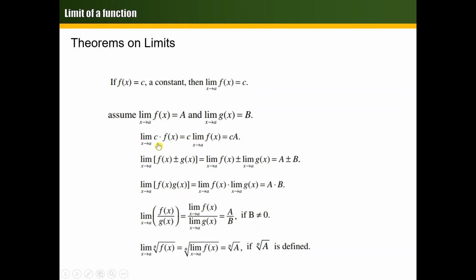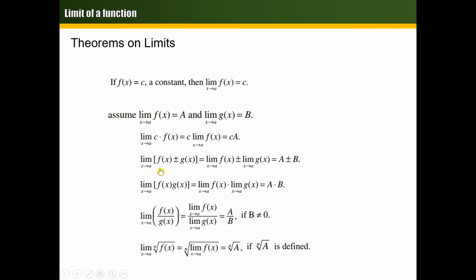Note here that c is a constant. So what we can do in solving for this limit is that we can already move c outside the limit. We write c and then take the limit of f of x na lang. And we know from the given that the limit of f of x as x approaches a is capital A. So we have c times A.